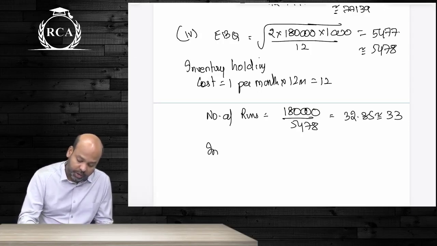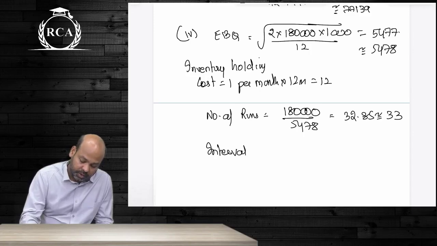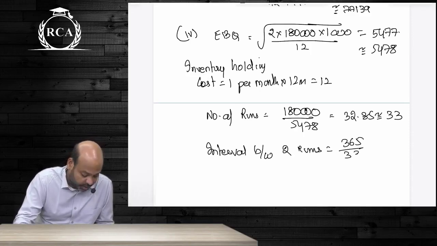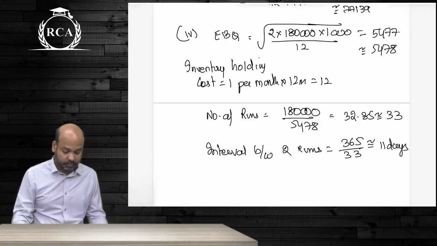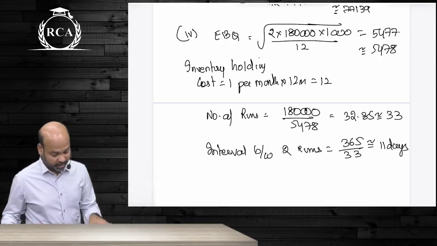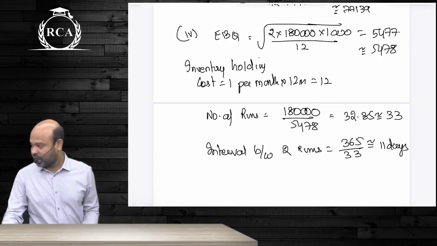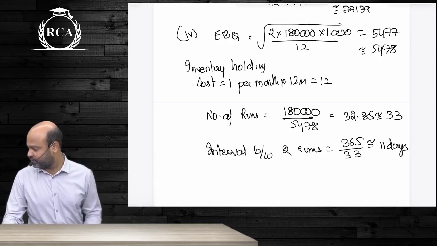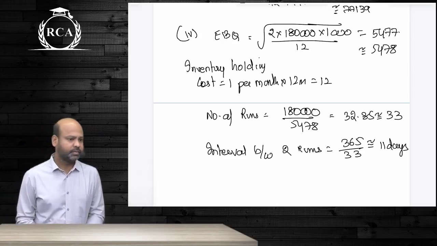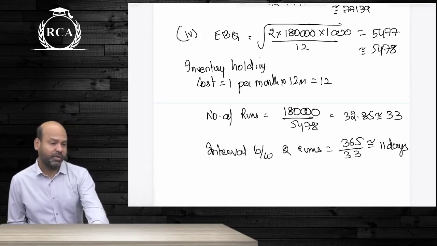Interval between 2 runs, 365 days बोल के ऊपर दिया हुआ है बेटा. 365 divided by 33, 11 days approximately. Are we all clear about this guys? Yes. हो गया. सिर्फ 3 छोड़ा बीच में, वो भी तीनों ABC related है.